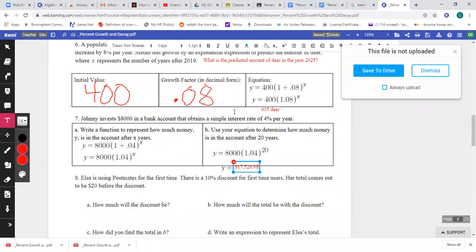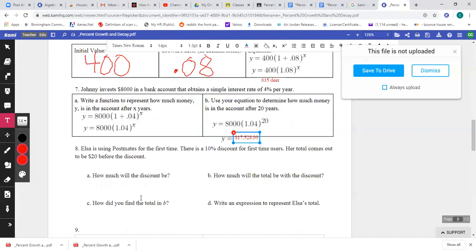For number 6, I rounded it to the nearest 1 because we're talking about deer, and you can't have half a deer, 0.5 of a deer, 0.4 of a deer. So I rounded to the nearest 1. But since number 7 was money, we rounded to the nearest cent. Okay.